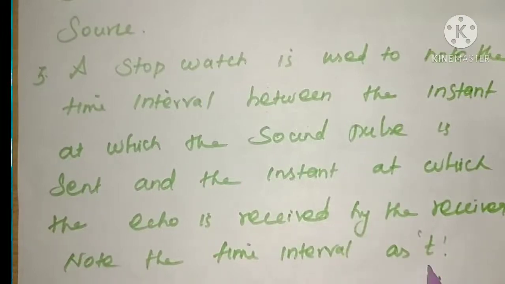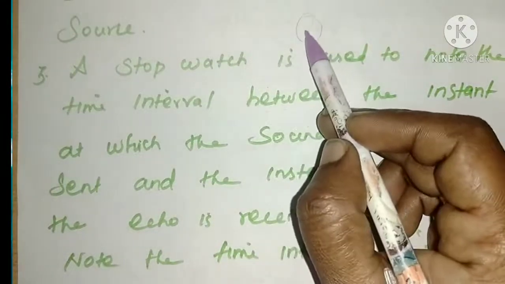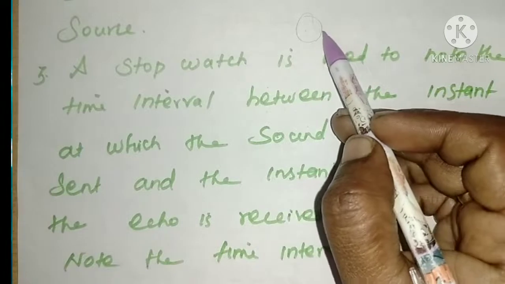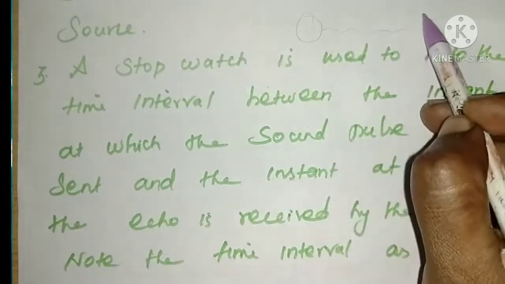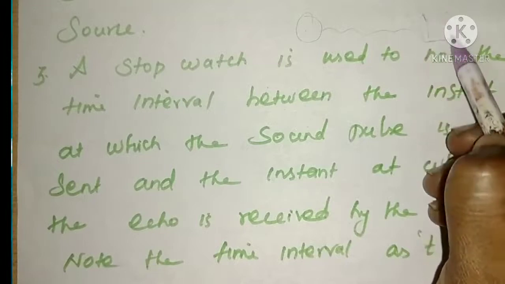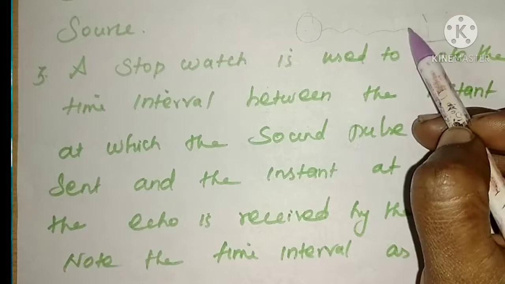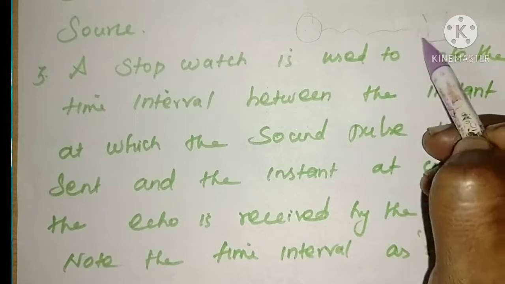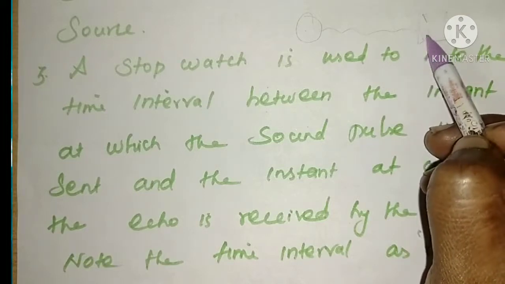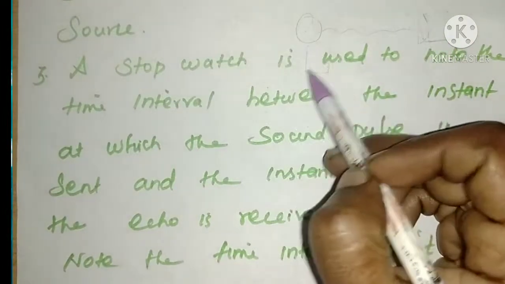So first, the source of sound is there. From the source of sound, how much time it has taken to reach the reflecting surface. So the time interval you have to measure. How long it has taken for sending and receiving. Here you have to place the receiver nearer to that.